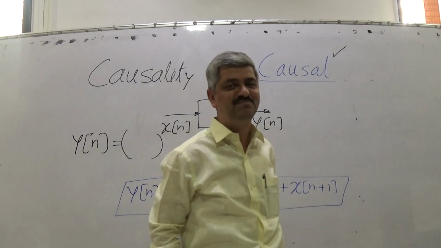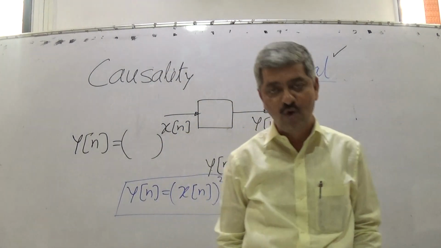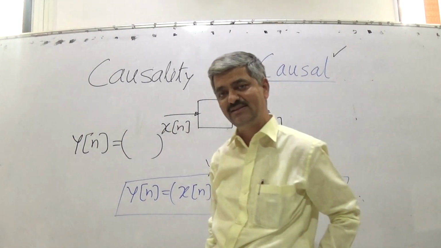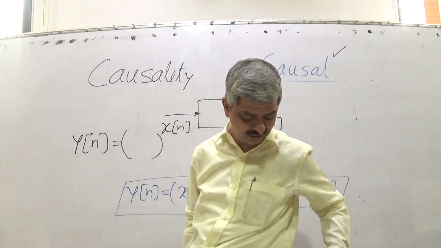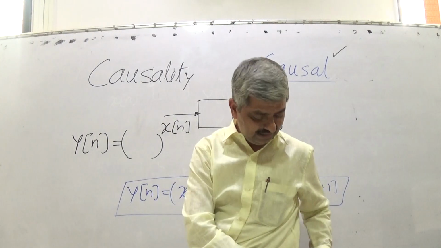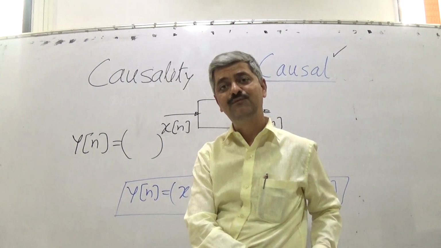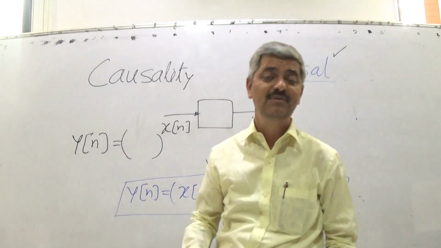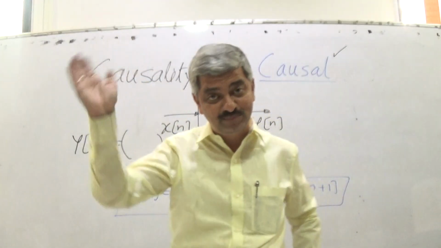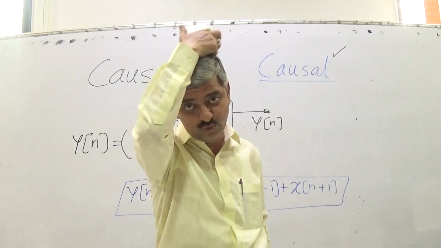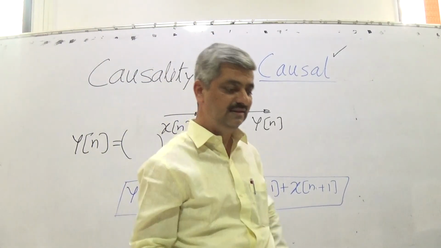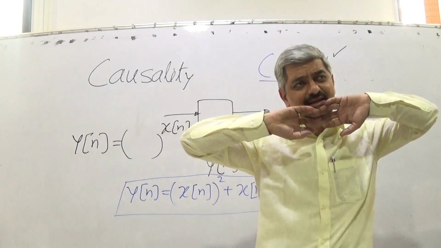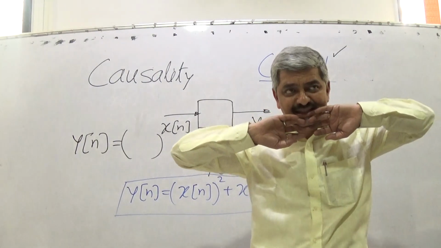So if the expression of y[n] involves the terms x[n-1], x[n-2] and so on, then it is called a causal system. If the expression involves x[n+1], x[n+2], then it is non-causal.